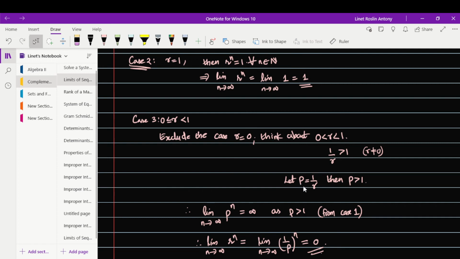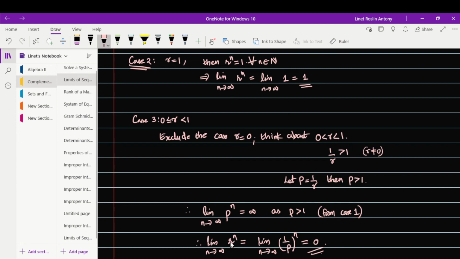So just assume rho is equal to 1 by r. Since 1 by r is strictly greater than 1, rho will be strictly greater than 1. Now limit n tends to infinity rho power n will be infinity as rho is strictly greater than 1, and this happens because of case 1. We have proved case 1. So this is true.